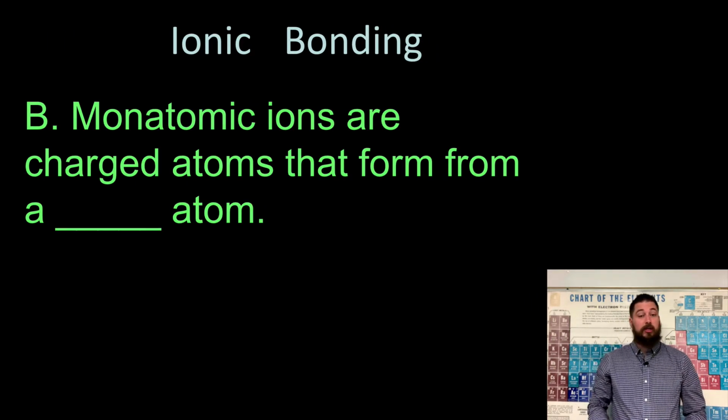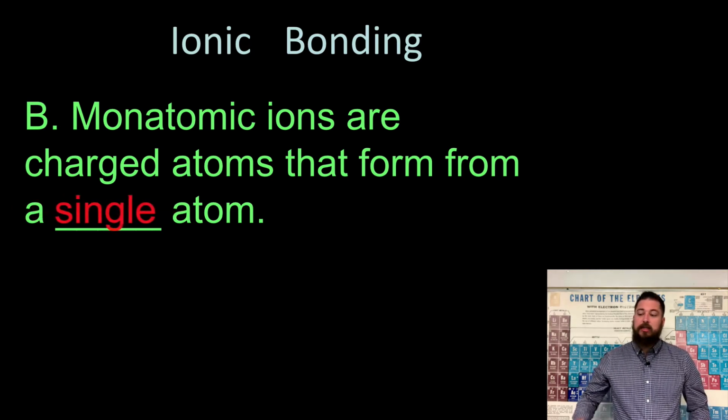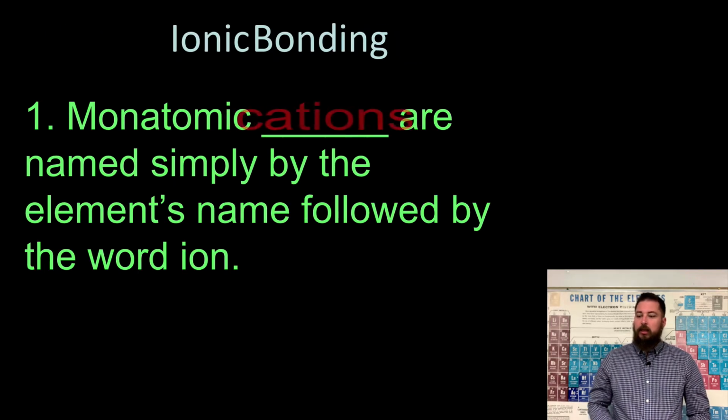Monatomic ions, so that's one atom. Ions are charged atoms that form from a single atom. We've talked about how atoms will lose or gain electrons and they'll gain a charge. So if we have one atom that's doing this, it's a monatomic ion. Monatomic cations, remember cats have paws, are named simply by the element's name followed by the word ion.